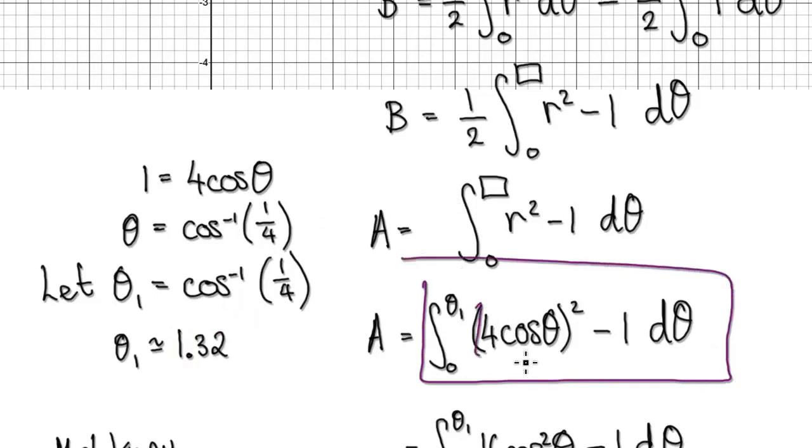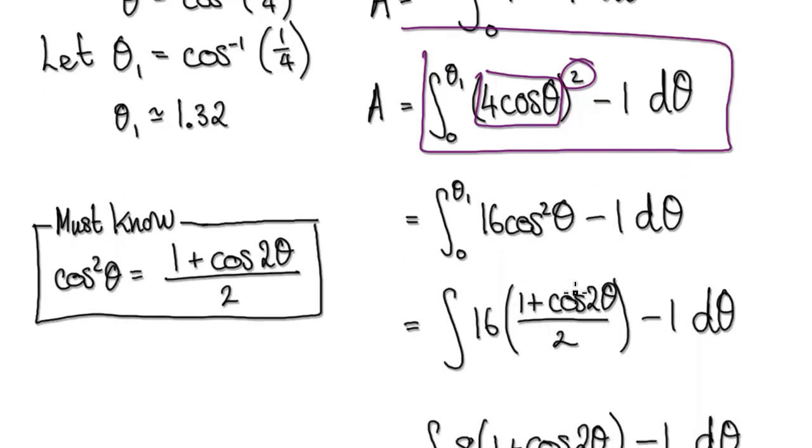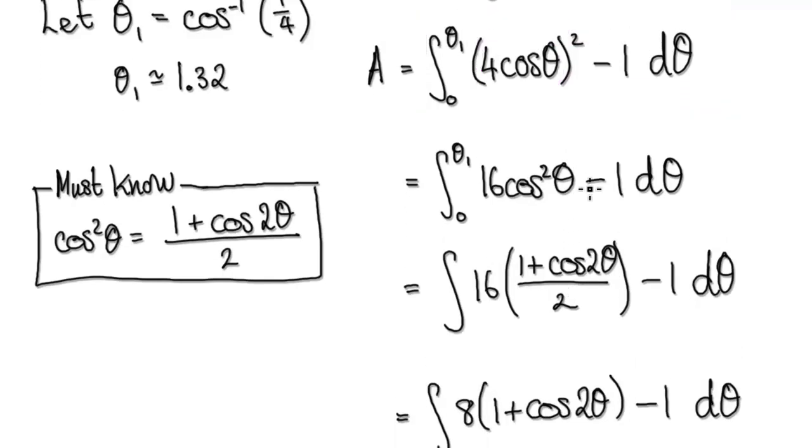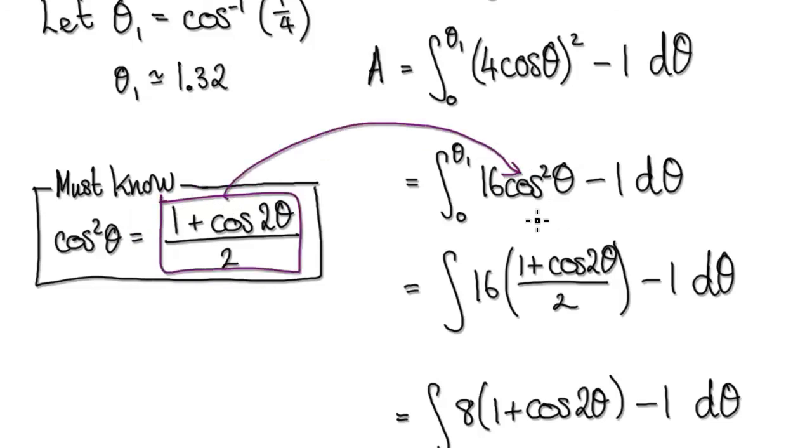Square this thing. That will then give us this thing here. Whenever you want to integrate cos squared or sine squared, you've got to think about something. To integrate cos squared you would need to put this into here.